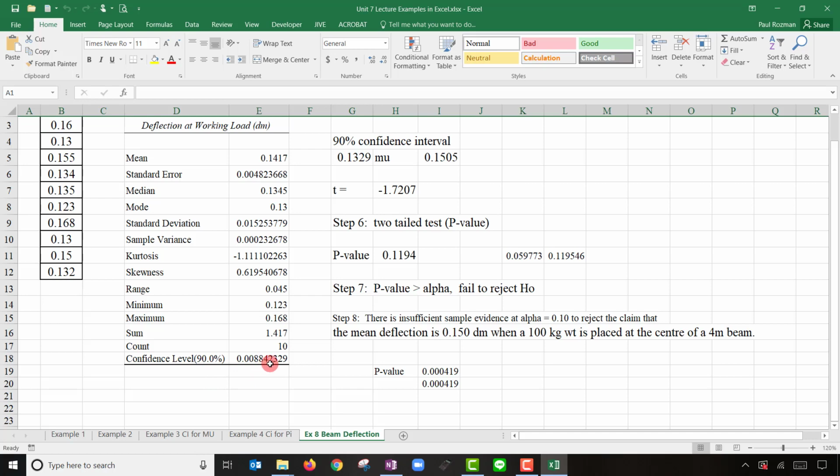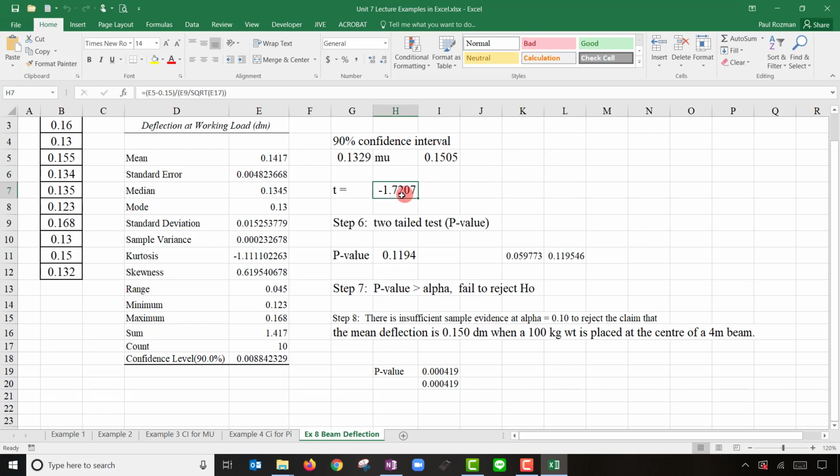So using this, we had our mean of 0.1417 plus or minus the confidence, and we're 90% confident that the mean is between 0.13 and 0.1505. Well, the claim was that it was 0.150, which is in this interval. So we would fail to reject that claim. So the confidence interval does coincide with our decision doing the formal hypothesis test.